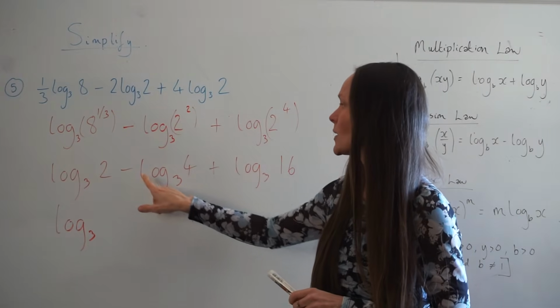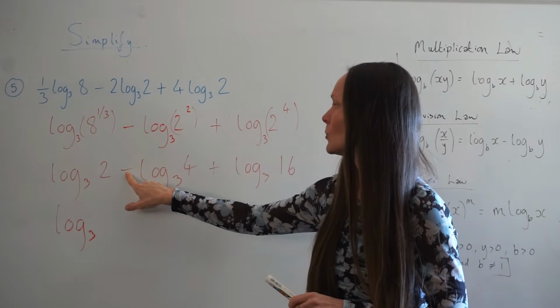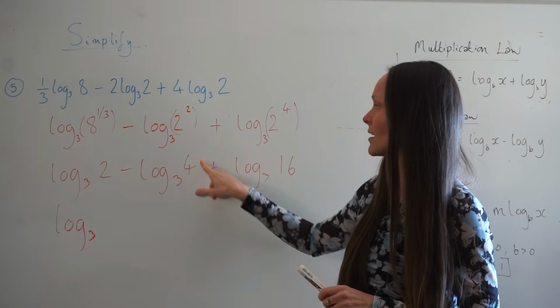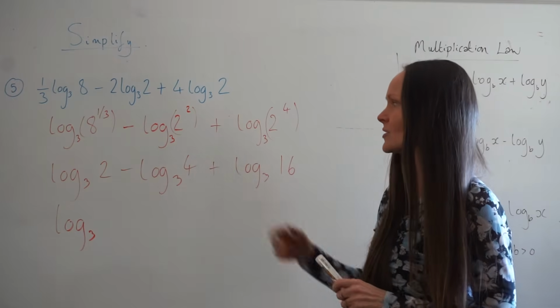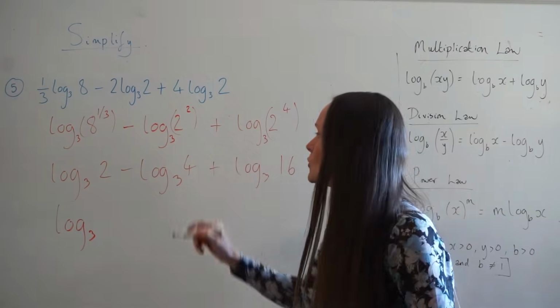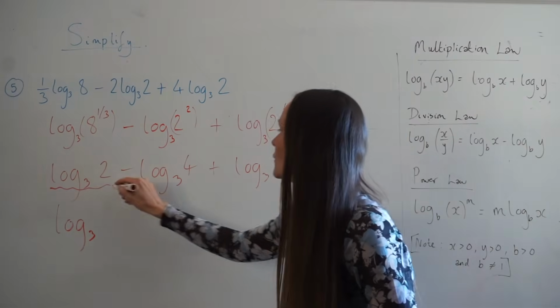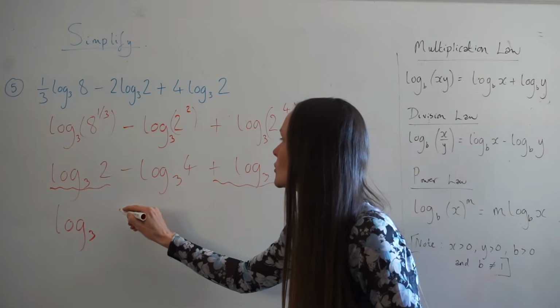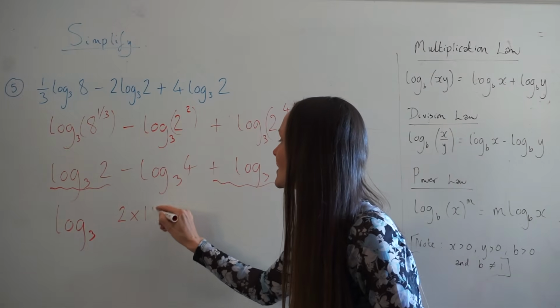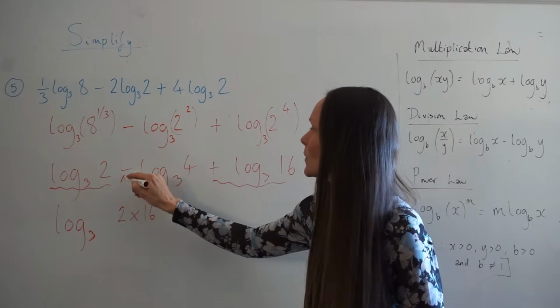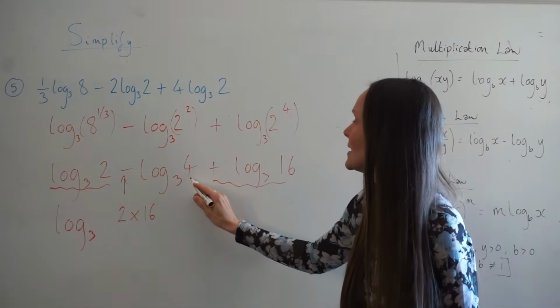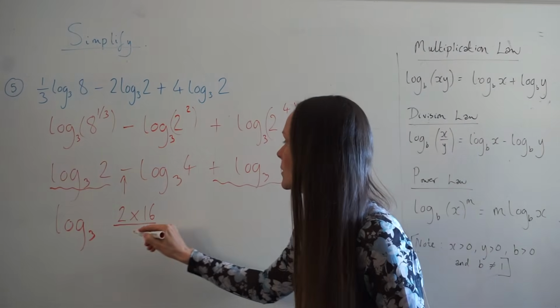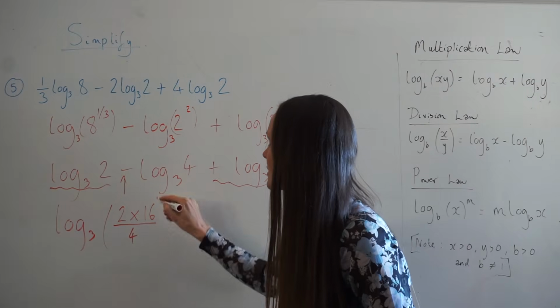And the logarithm which is negative is going to be the division, so the denominator in our fraction. I hope that makes sense. So I'm going to use the multiplication law for these two terms, so we've got log 2 multiplied by 16, and then this one is negative, so we're going to be dividing by 4.